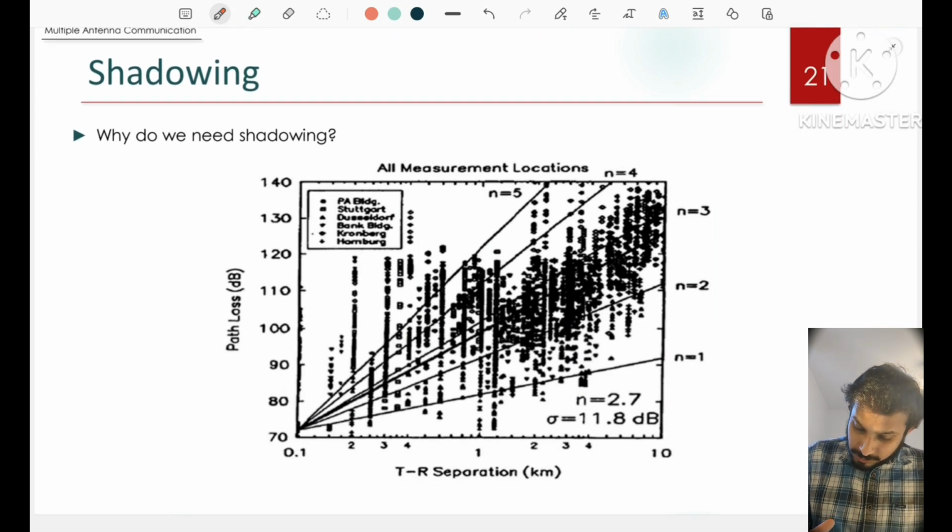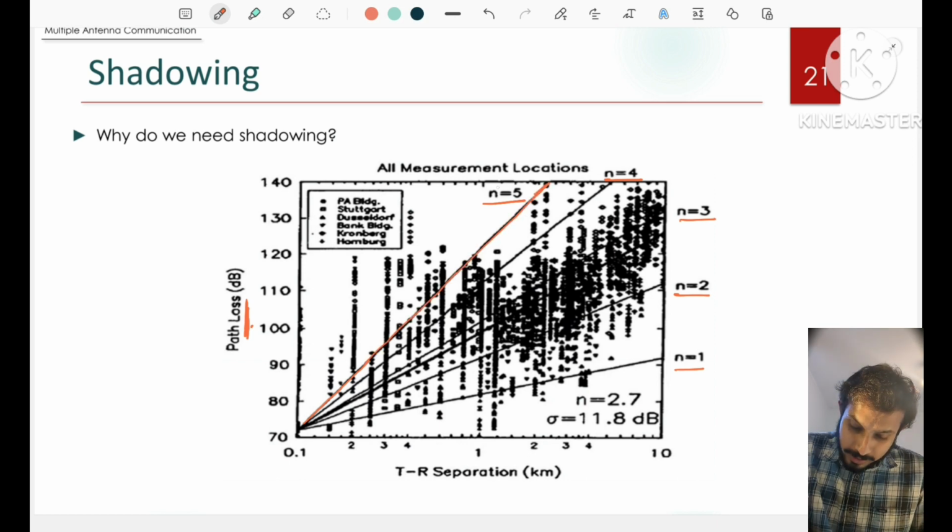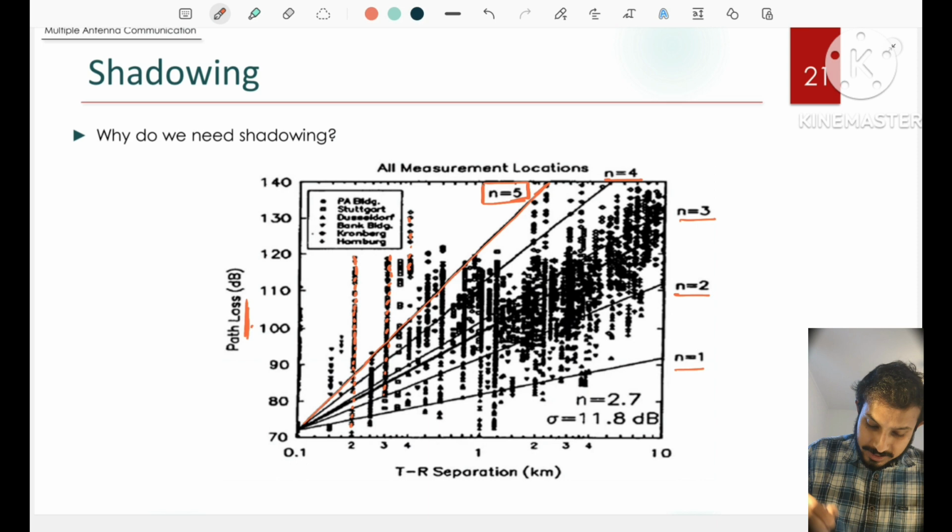Again, from the figure it can be seen that this is the transmitter receiver separation, and we have path loss in dB. For a particular value of path loss exponent, there are variations. For example, for a particular value of exponent n equal to 5, we have signal strength fluctuations over the area mean. That is, there are local fluctuations over the area mean, and that is captured by the shadowing model.